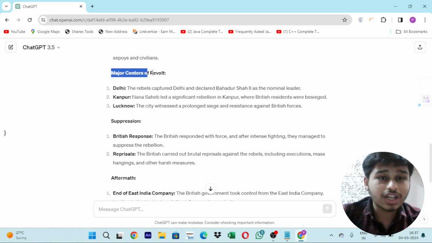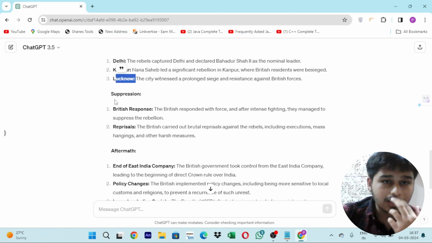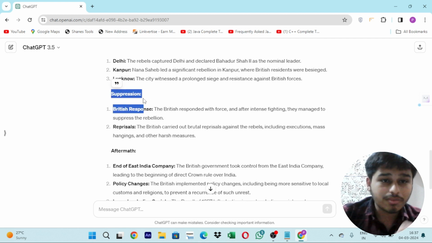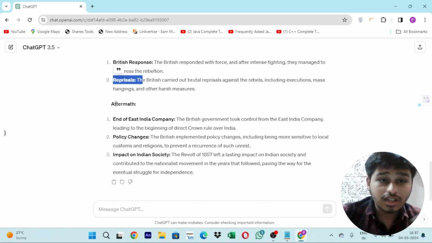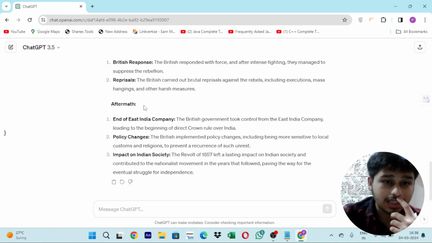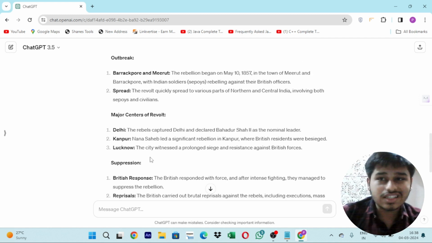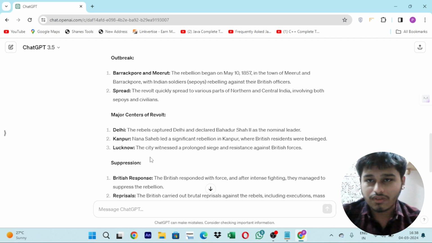Third, it also tells about the major centers of revolt, like Delhi, Kanpur, Lucknow. And then ChatGPT also tells us about the suppression, and about the aftermath. So ChatGPT is giving us the key points of the revolt of 1857.